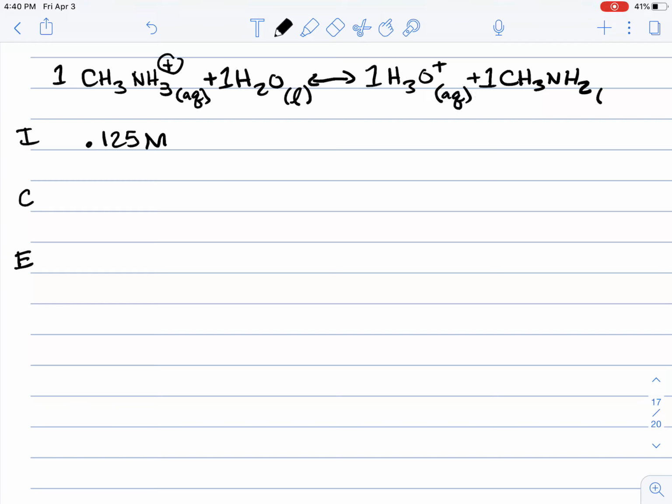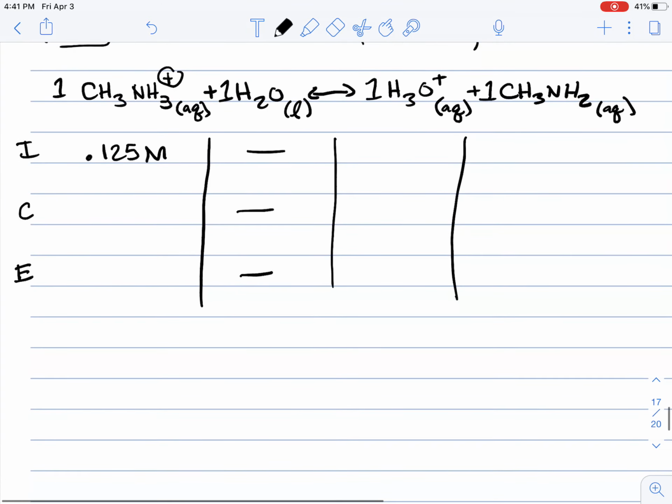And so it's always going to be designated as liquid to represent that it's a pure substance. And so what that allows us to do is that it reminds us that we don't actually need to incorporate water in our mass action expression. Okay, cool.